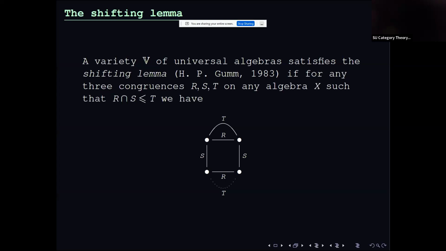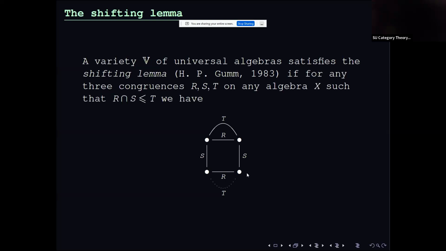And what I want to talk about now is how this relates to Green's shifting lemma. This is one of the celebrated results in universal algebra, which says that a variety of universal algebras is congruence modular if and only if it satisfies the shifting lemma. The shifting lemma simply says that for any algebra X in our variety and any congruences R, S, and T on the algebra, if R meet S is less than T, then this diagrammatic condition here holds.